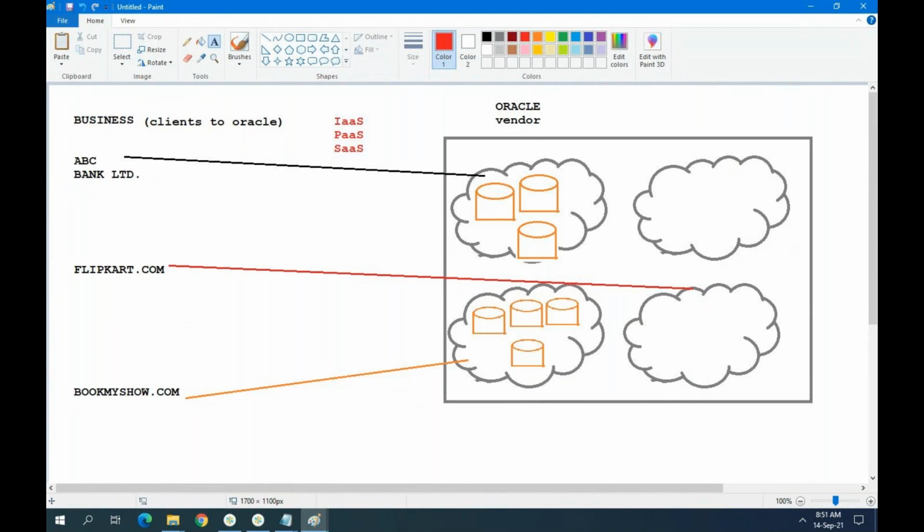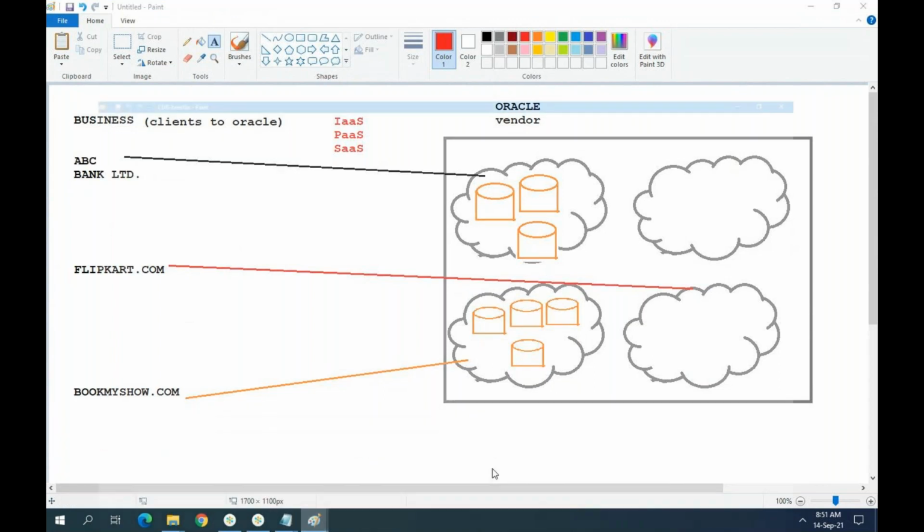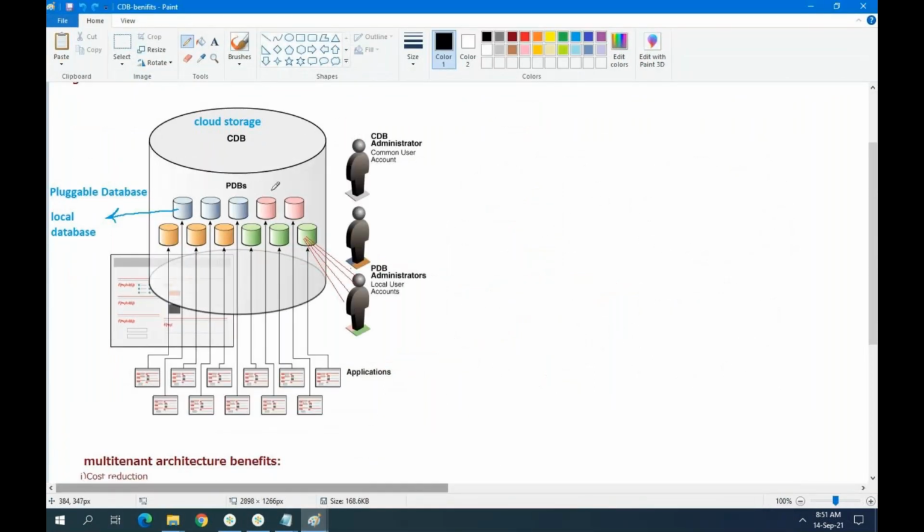Understand? This is the official diagram released by Oracle Press. And see, this is the cloud database or common database, or container database. The small databases, this is for branch 1, this is for branch 2, this is for branch 3, like that.